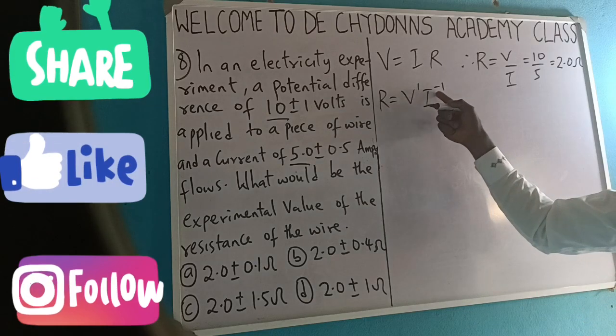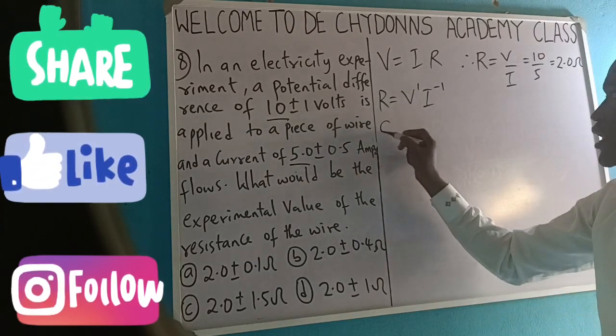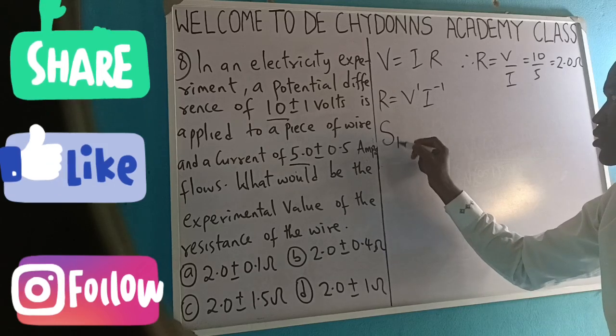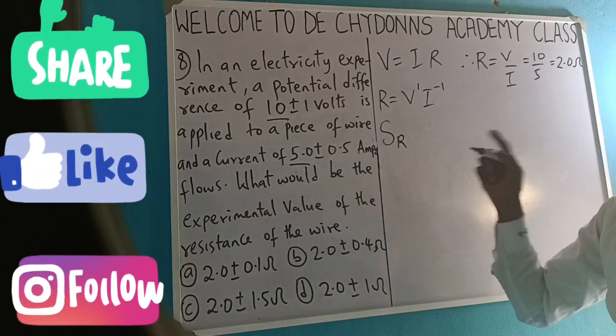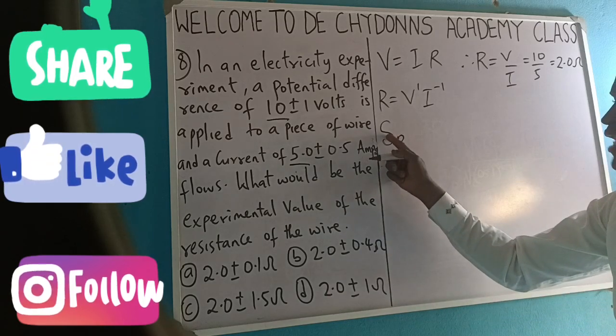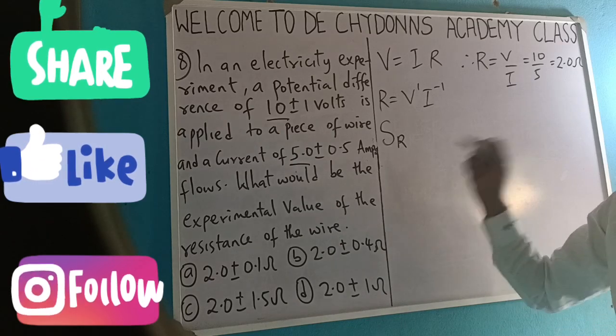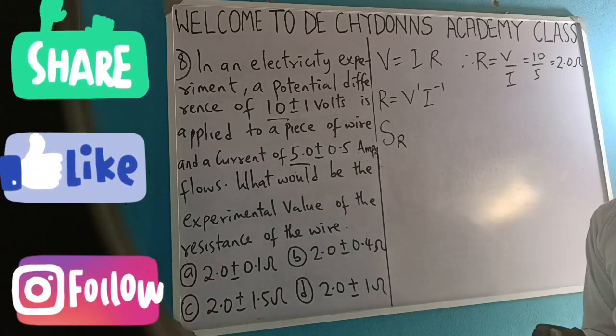Now, because this I has the negative power, we will use this to find the error in the effective resistance of the resistor. We'll call this the standard error of getting the effective resistance of the resistor.